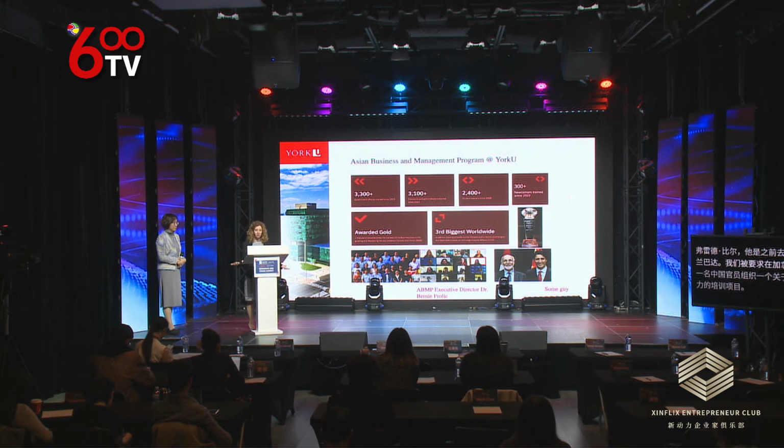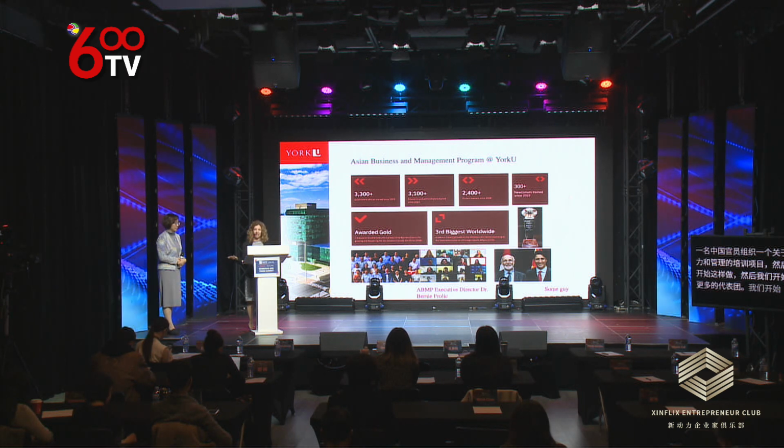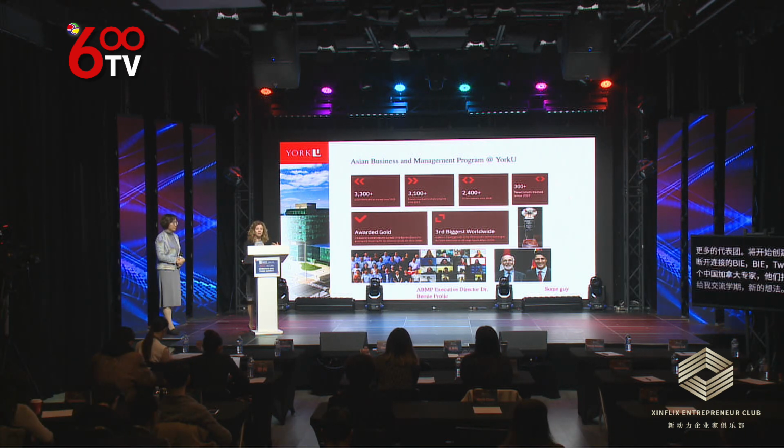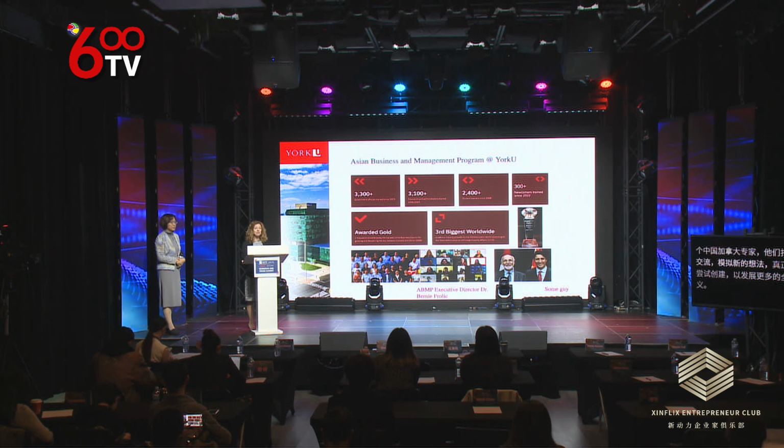Then we started to do that, and we started to receive more delegations. We started to create connections between Chinese and Canadian experts, where they could meet, exchange, and stimulate new ideas. Really, we were trying to develop more global citizens. So what happened along the years? Obviously we evolved.